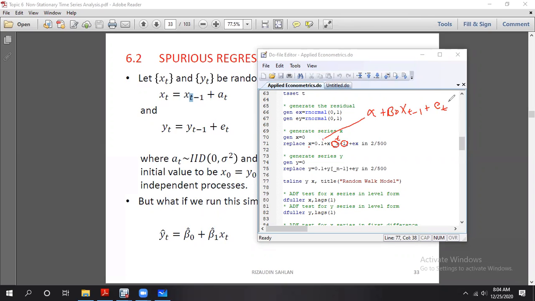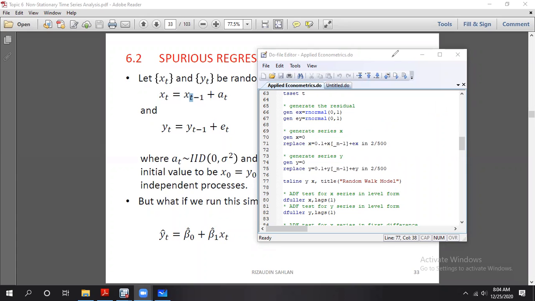This is the equation: x equals 0.1, which is alpha, plus beta 1 times xt minus 1, plus the error. And of course we replace x starting from observation number 2, not from 1, because for the first observation we assume it starts from 0. So we replace x from 2 until 500.